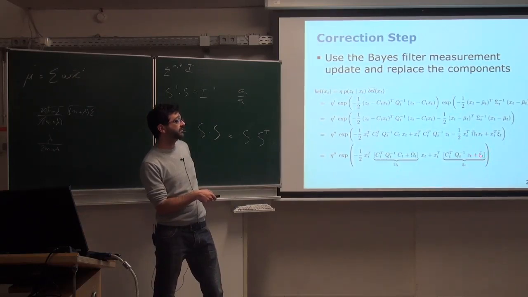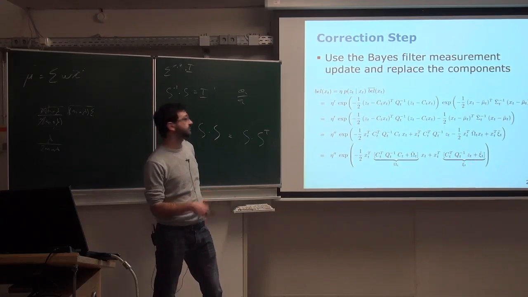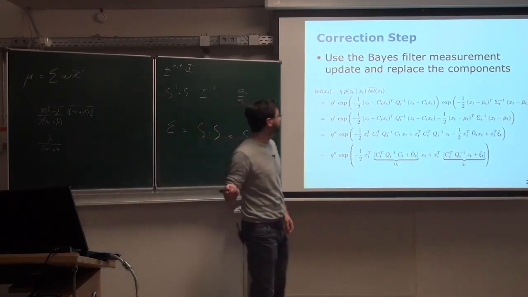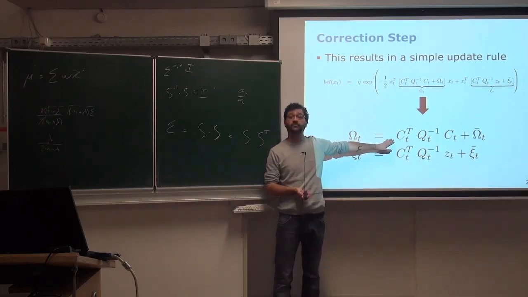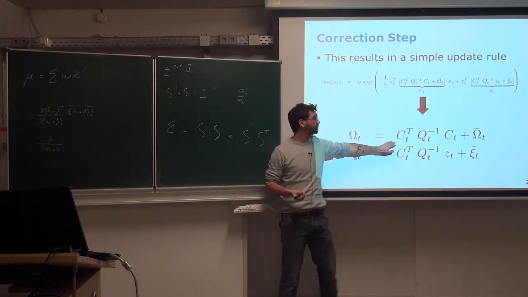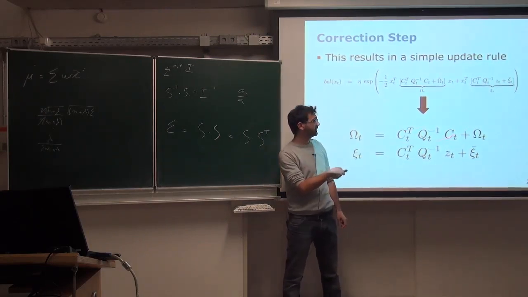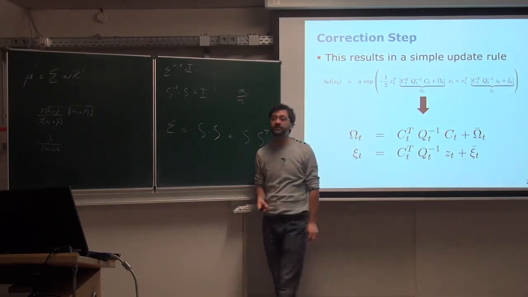Okay, this is the new information matrix, and for the new information vector we have something similar. We take the previous information vector, we take our observation matrix, and we take the information matrix of the observation times observation. As you can see, the interesting part is that it is now very easy to do the update, because for a measurement update, we just need to get the measurement information vector and information matrix, propagated through our observation matrix, and add them to our information matrix.